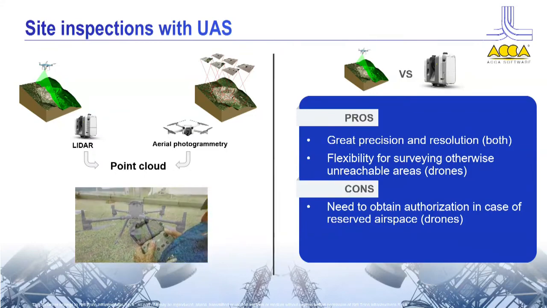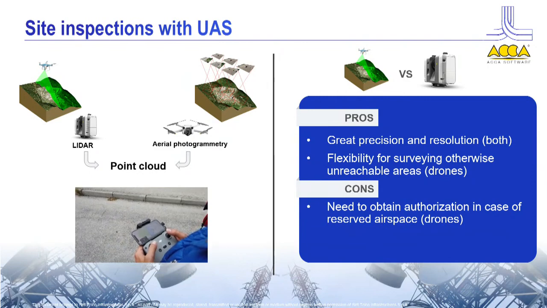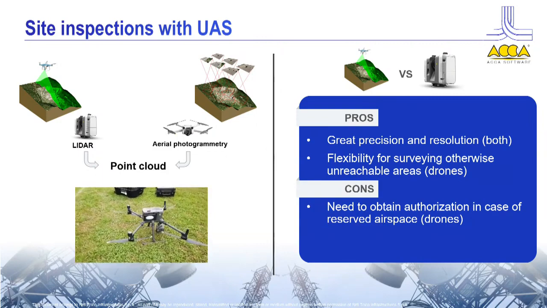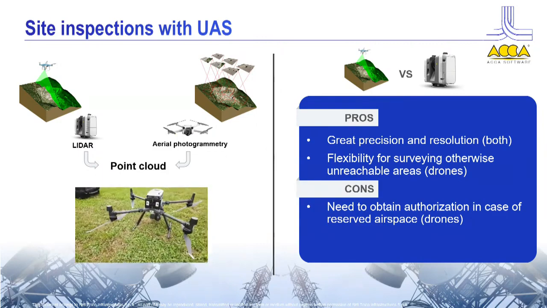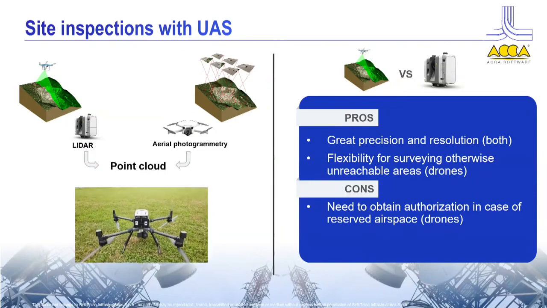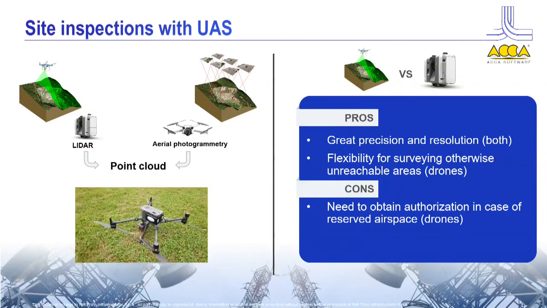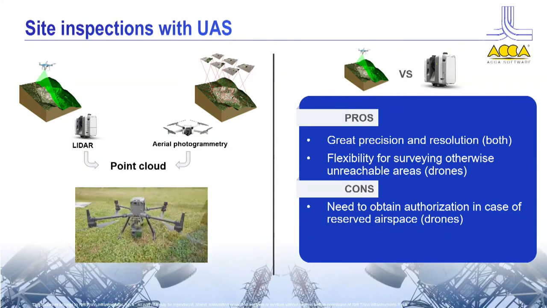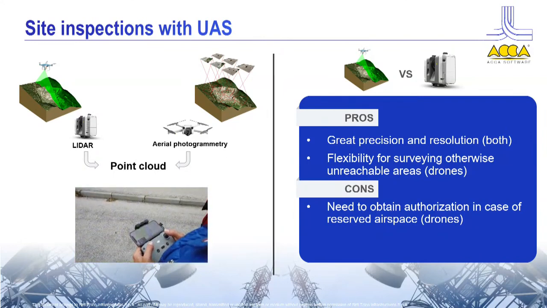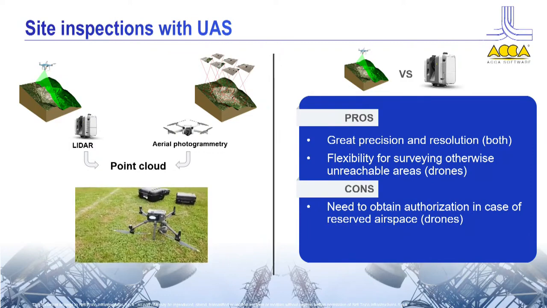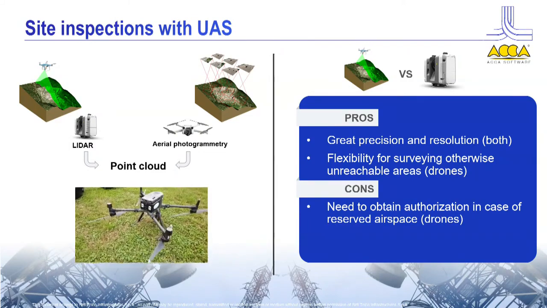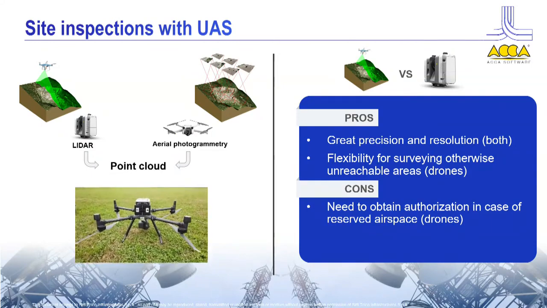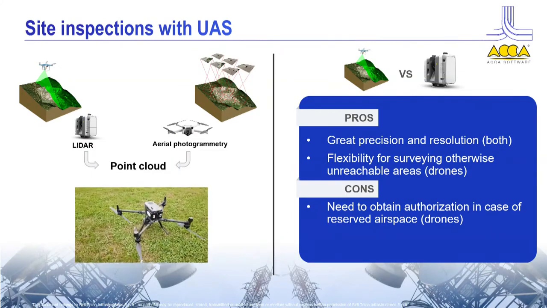I'm thinking about all the upper part of the tower structure, or scenarios where the tower itself is enclosed fully or partially in inaccessible terrain, such as slopes or fenced areas, for instance. On the other hand, the use of drones must be preceded by an authorization process in the case of reserved airspace. And this authorization, in some kinds of areas, can also be denied, of course.